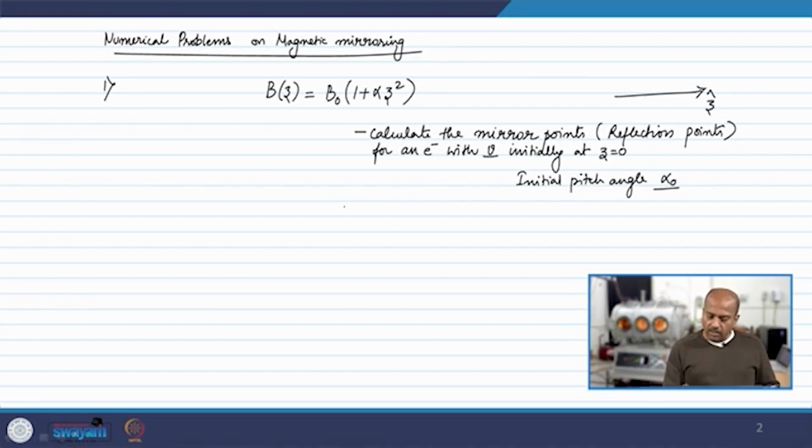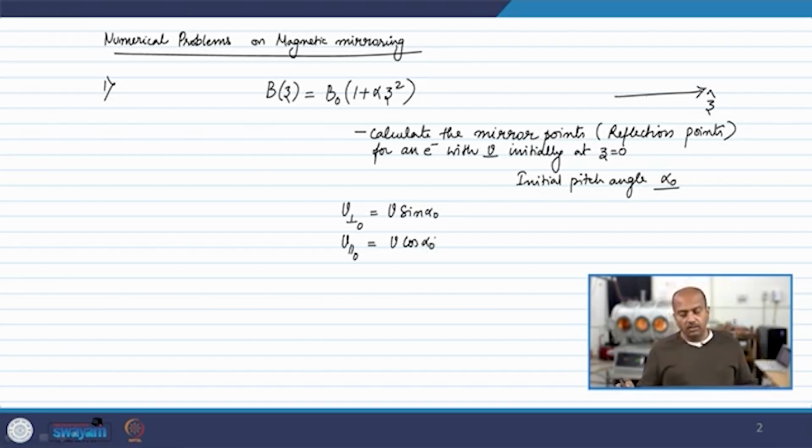So we can write the initial perpendicular velocity as v sin alpha naught, and the parallel velocity as the component with this pitch angle. V perpendicular is equal to v sin theta, v parallel is equal to v cos theta. We know how to draw components, right, simple vector analysis.